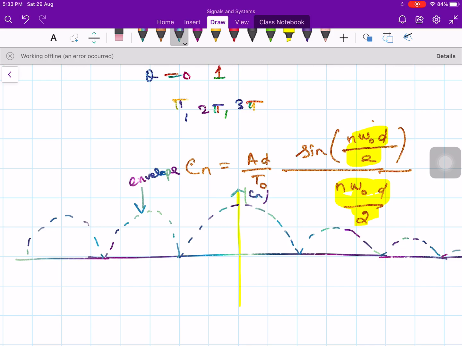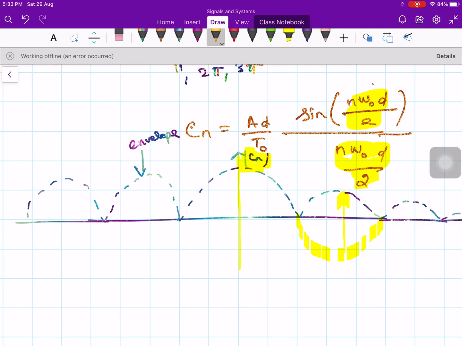Negative lobes are flipped over. So this is the envelope of your Cn magnitude, because once you take the magnitude, the negative part becomes positive, so it will not be in the denominator. Actually it is supposed to be like this, but because of the magnitude it comes to the positive side.